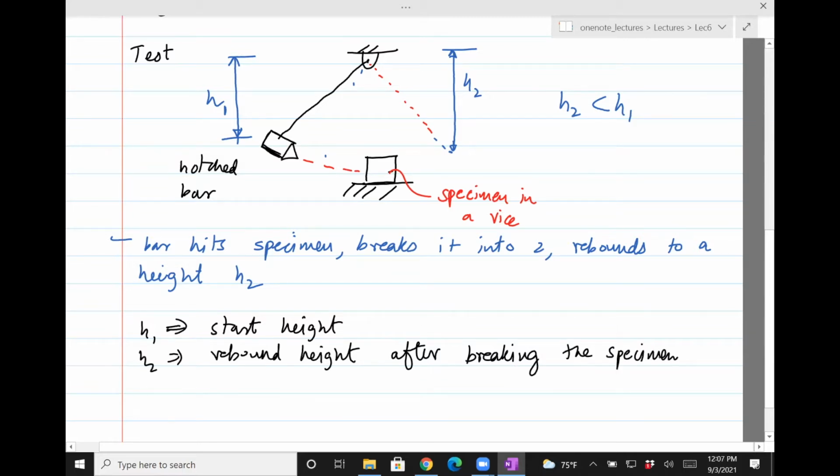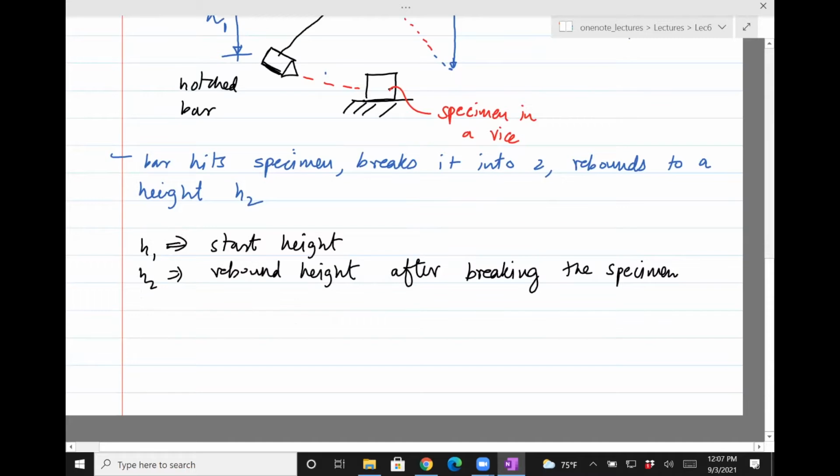And that's where the pendulum or the notched bar is at rest, right? It swings to height h2. So then the energy absorbed by the specimen is simply the mass of the notched bar times gravity times the difference in the height. So it's going to be h1 minus h2.